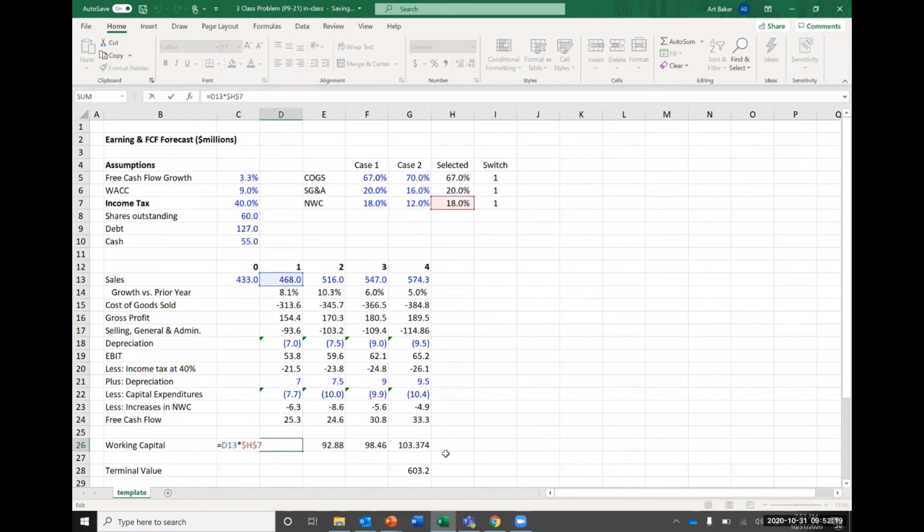And in column D, it's revenue times selected case in column H. Any other questions?